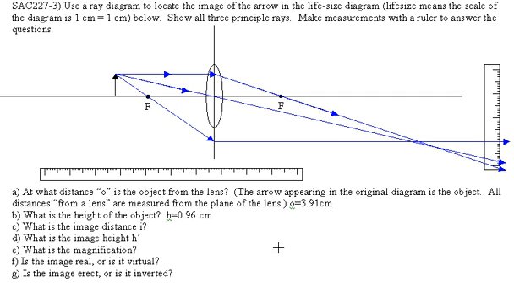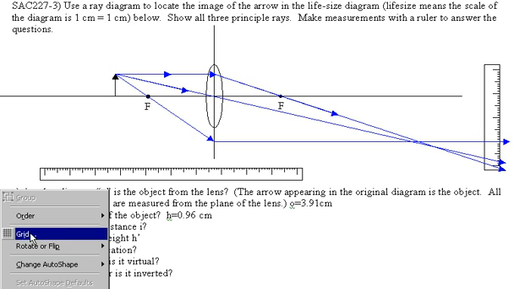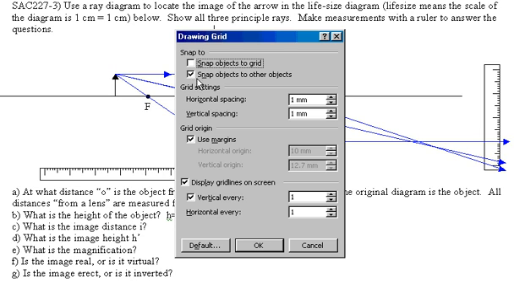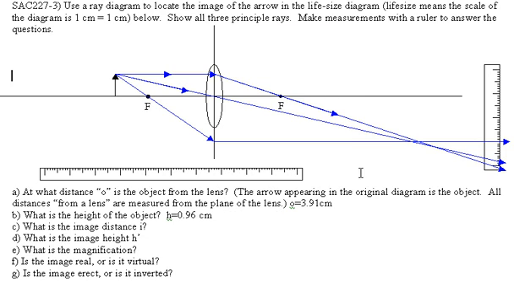So I'm going to pick a point roughly in the middle, and I want to make sure that it doesn't jump to another point. I have to turn off snapping to other objects, and then draw a line from the midpoint of those 3, which I'm finding to be about right there, to the principal axis.